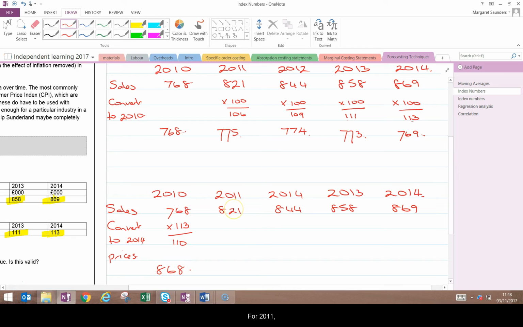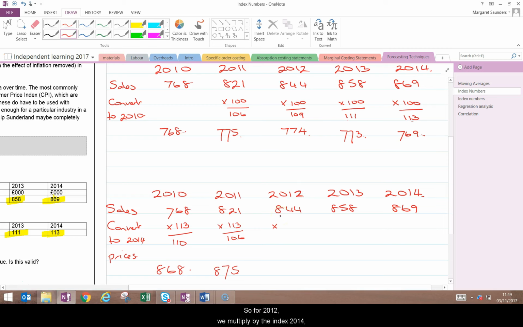For 2011, multiply by the index for 2014, divide by the index for 2011. For 2012, that's a mistake, that should actually read 2012.